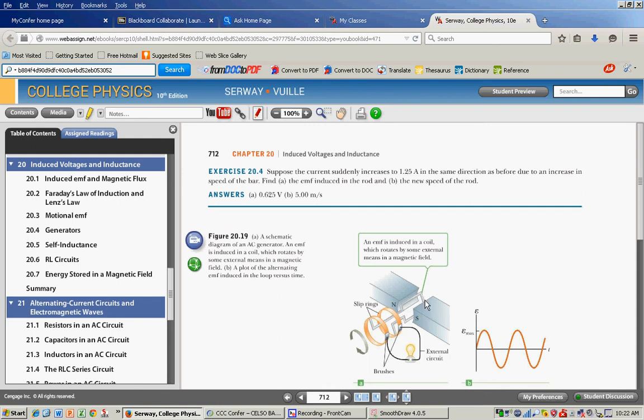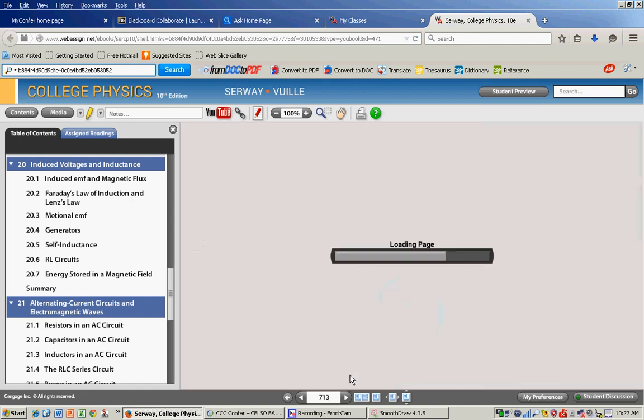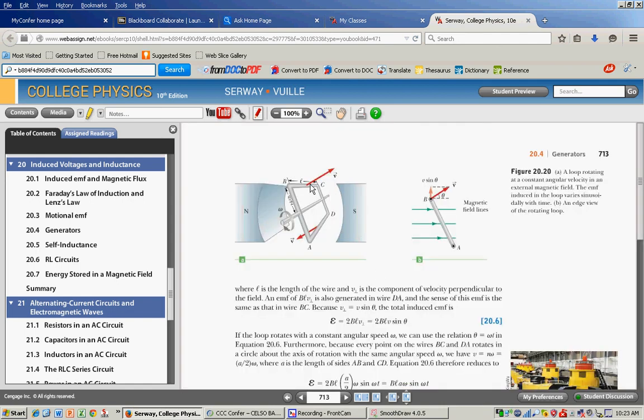So if you connect each one of these loop ends, the loop is not totally closed, so you don't have a circulation going like this. If you had a closed loop, the circulation of current would go this way and that way, every time.